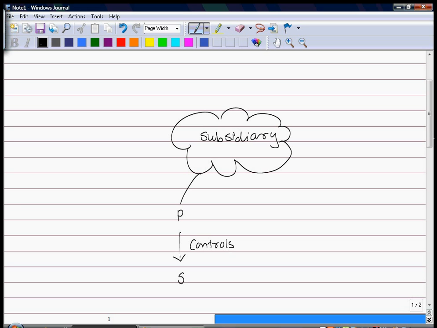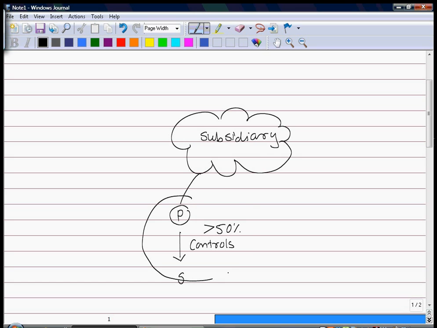So if one company, which we call the parent company, or P, purchases more than 50% shares in another company which is subsidiary, then P will achieve control over S.